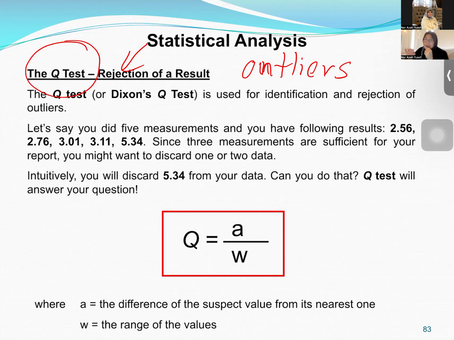You need to evaluate the outliers first before you decide to accept or to remove that data. So this is also very easy. This is all formulations. So I don't know, does anyone know any software that you can use to get the Q test done apart from a spreadsheet? Anyone?